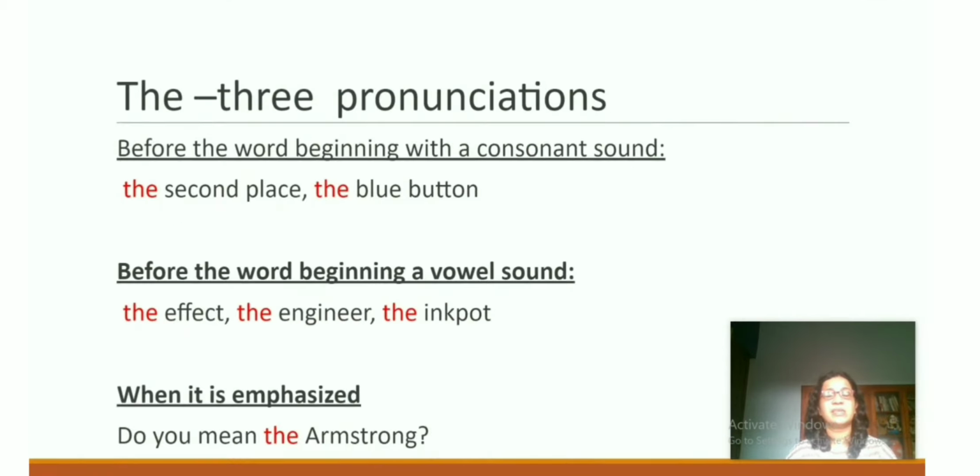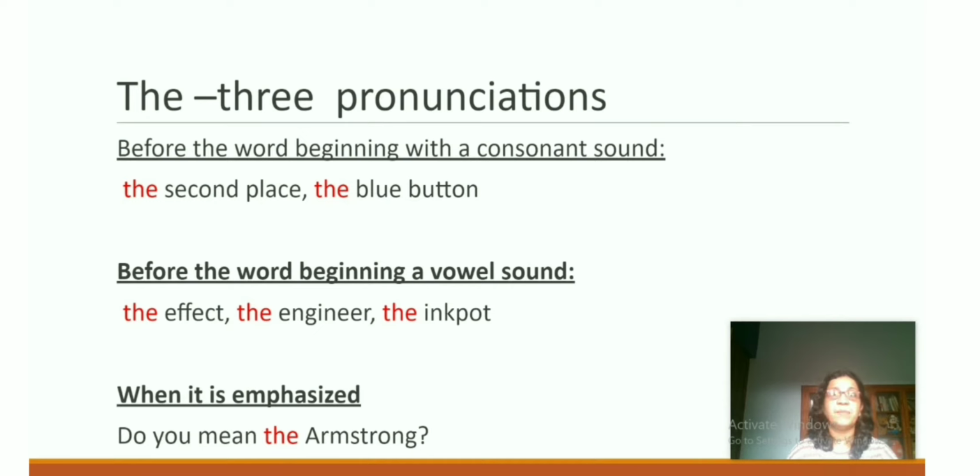Next we'll see about the pronunciation of this article, the. Now, when this article is used before a word beginning with a consonant sound, you pronounce it as "thuh". So it will be the second place, the blue button. But if it is used before a word beginning with a vowel sound, then the pronunciation changes.